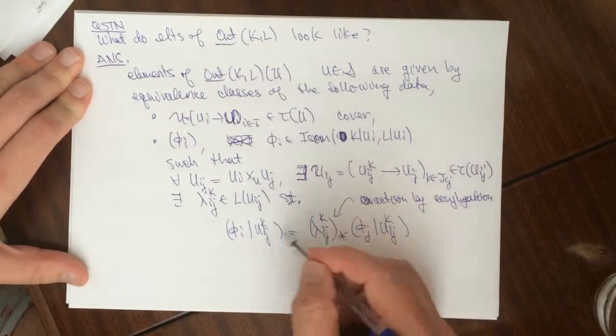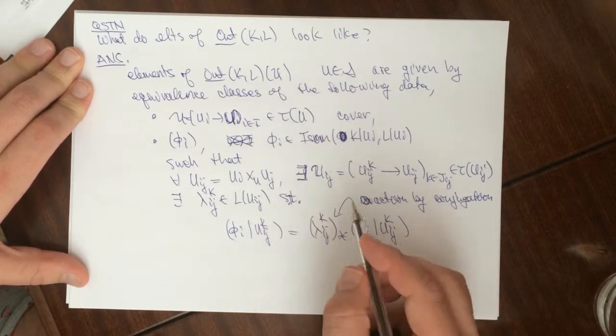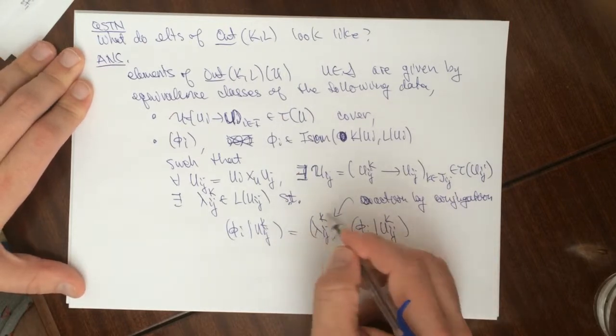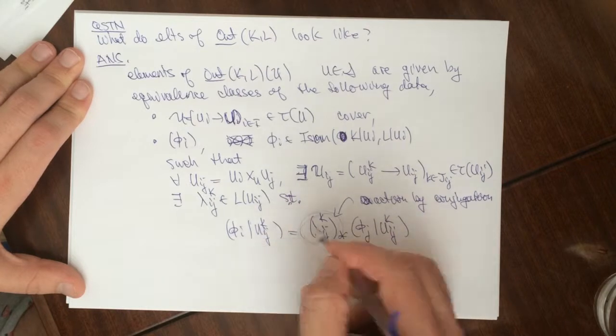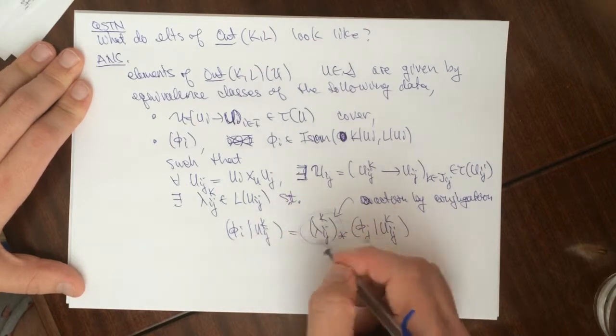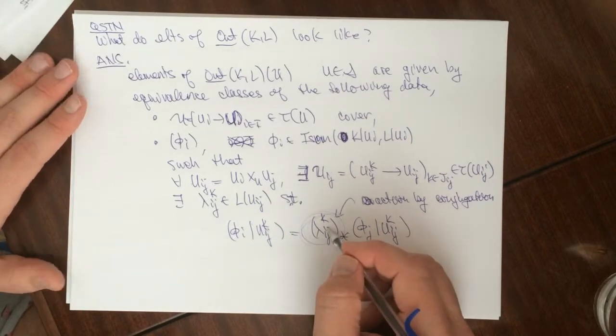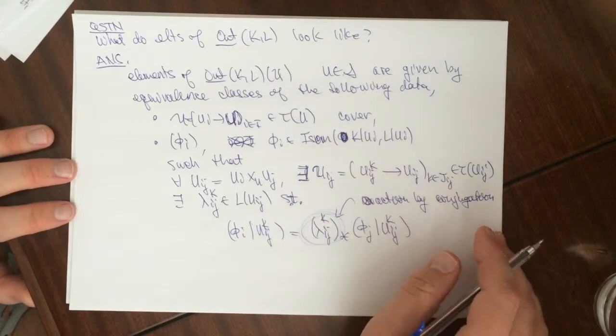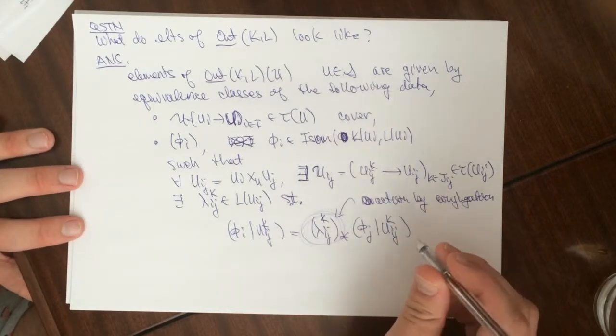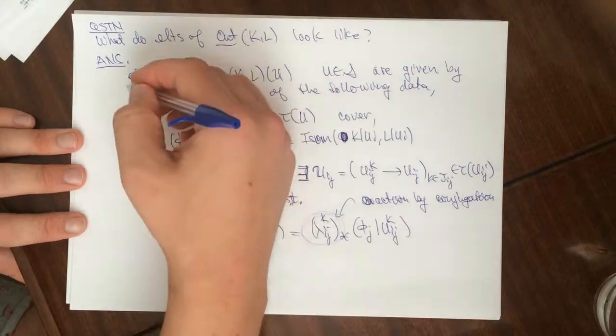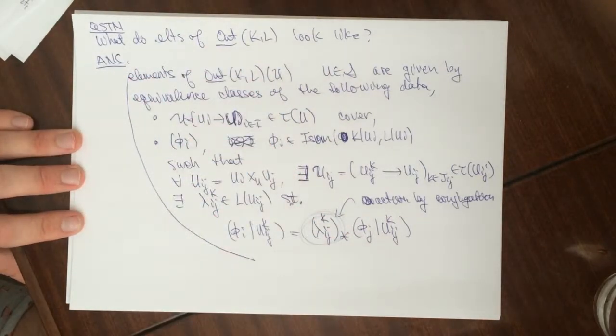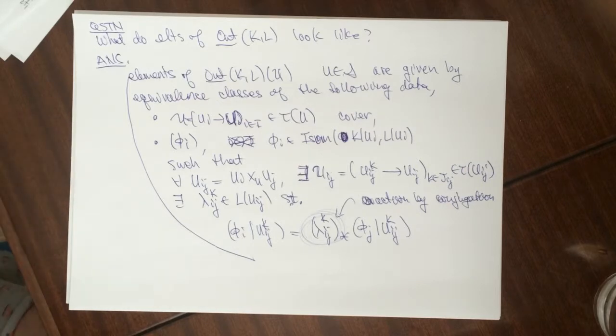This says that they agree as outer automorphisms, and this is the inner automorphism that they differ by. Okay, I'm not going to explain any more of this, but I just wanted to say this because this is going to appear in this construction of bands for Gerbes.